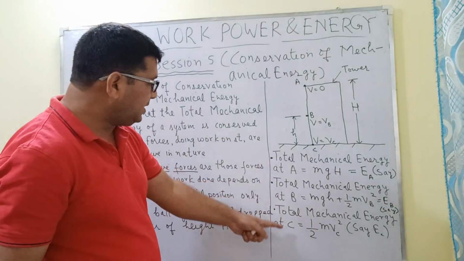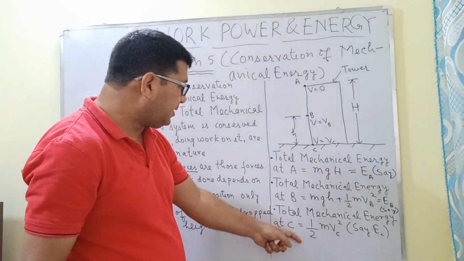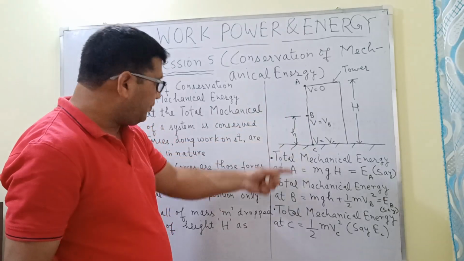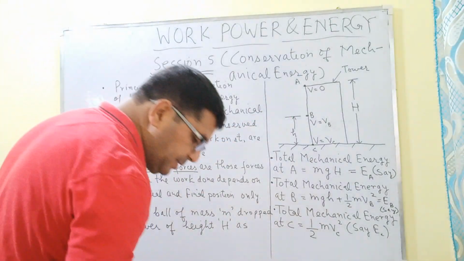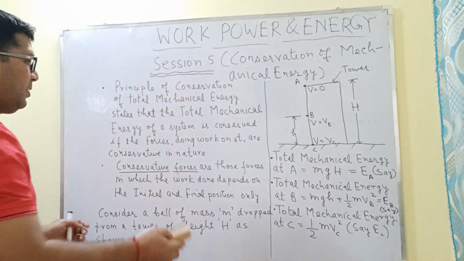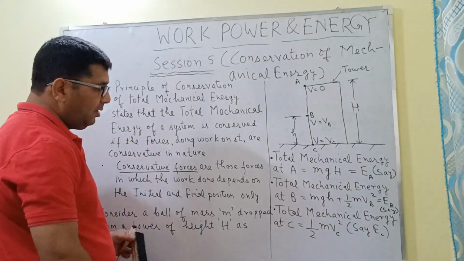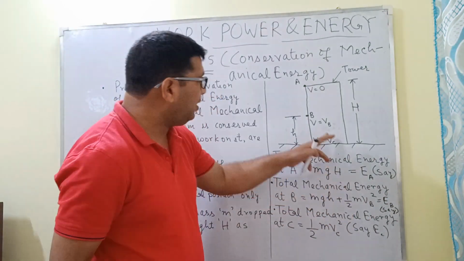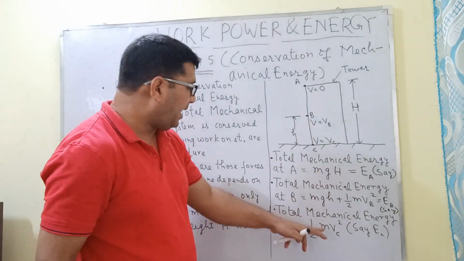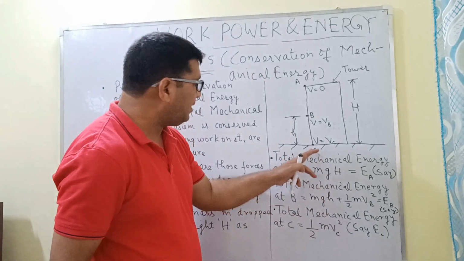Now these are the 3 relations which I have got in this example. Now we will be using these 3 relations in order to find the value of the velocity of the ball at this point B and the velocity of the ball at the point C.